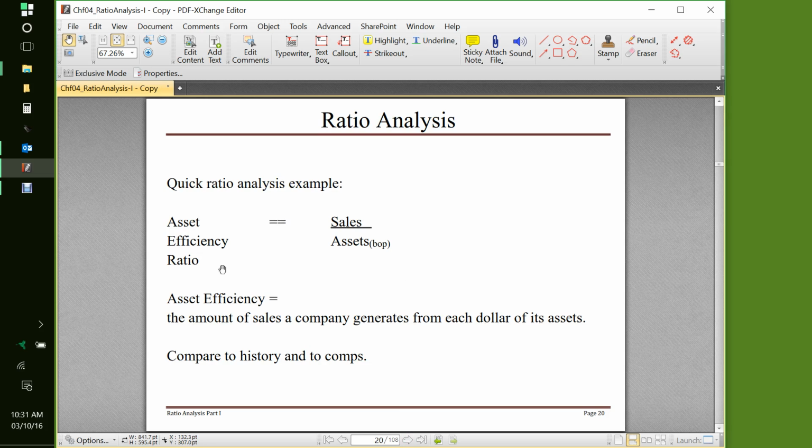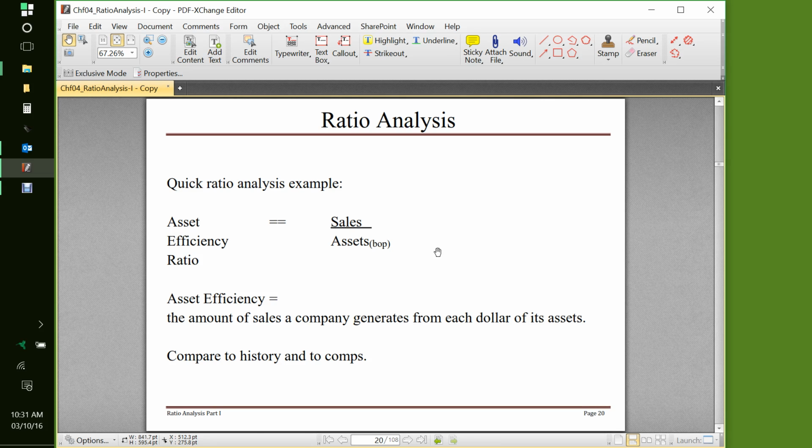One ratio we will talk more about in this chapter is called the asset efficiency ratio, and it's defined to be, this double equal sign means defined to be, sales in the period, this will be in the quarter for Continental, divided by the assets the company had at BOP. BOP stands for beginning of period.